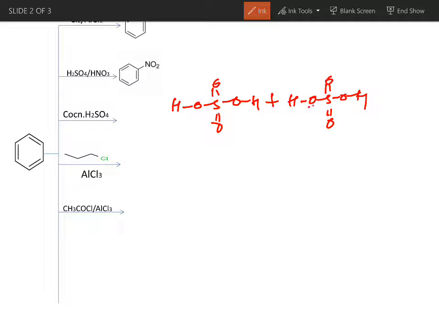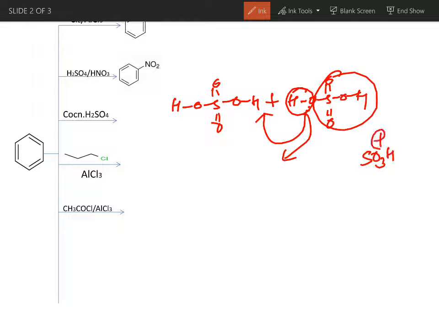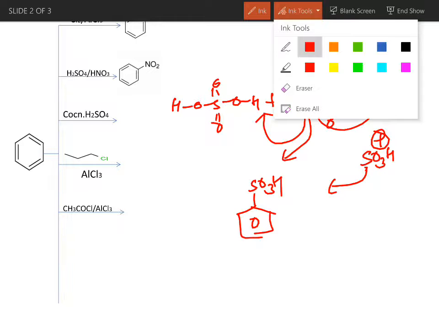Now a lone pair of this oxygen takes a proton and forms H2O, which is further eliminated, leaving behind the electrophile SO3H. This SO3H easily attacks the benzene ring and forms the compound benzene sulfonic acid. So the product of the third reaction is benzene sulfonic acid.